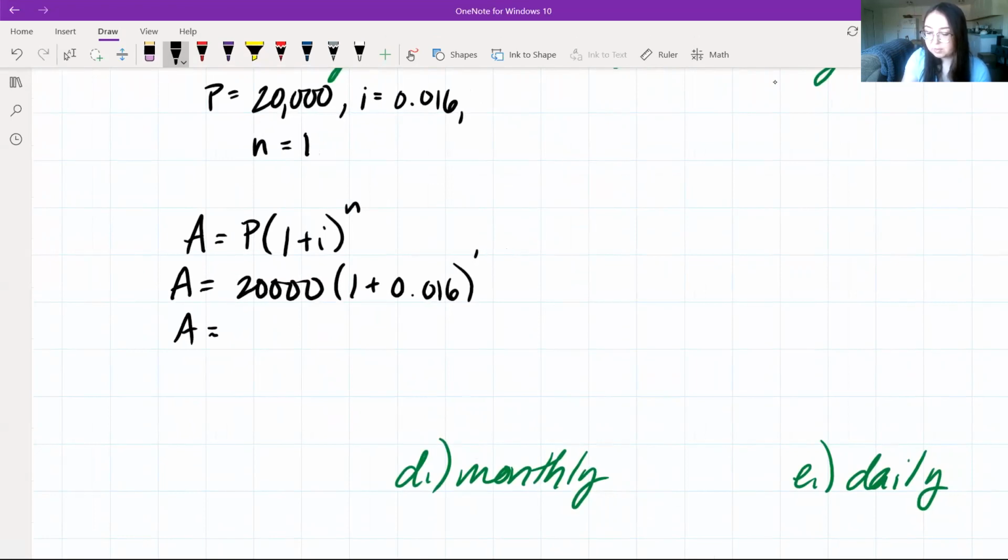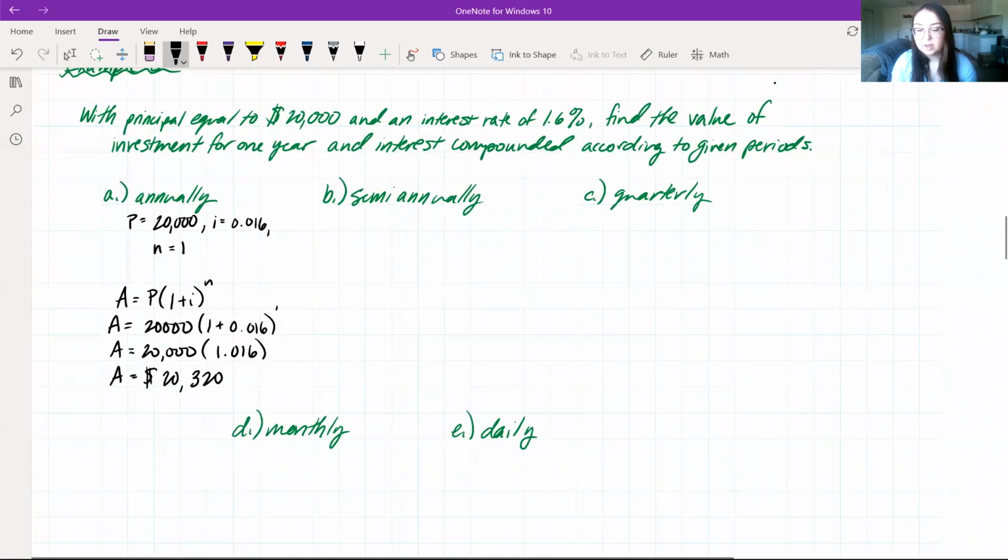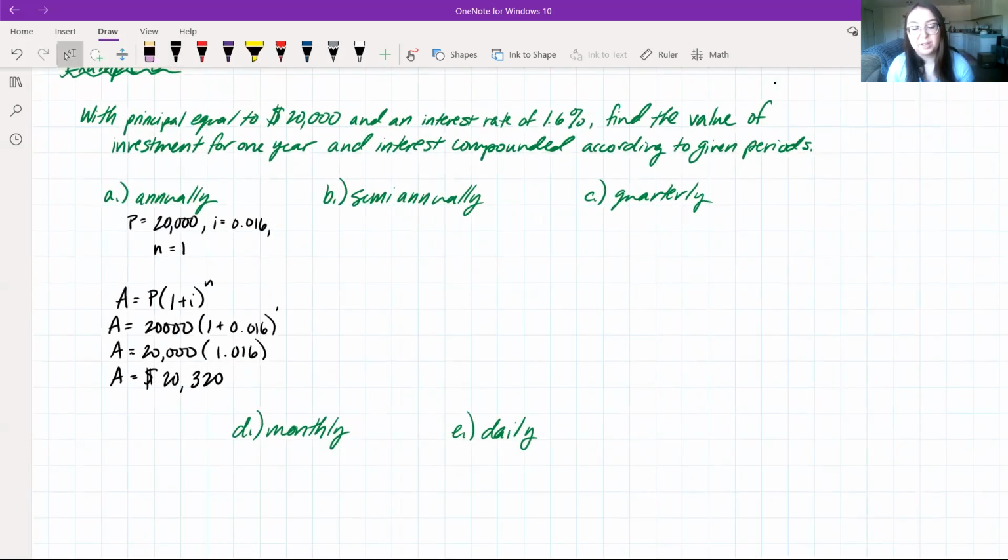If we compute this, 1 plus 0.016 is 1.016, to the first power, so that's just the same value. When we multiply these together, we get $20,320. All right, so that's what we get if we did this annually.